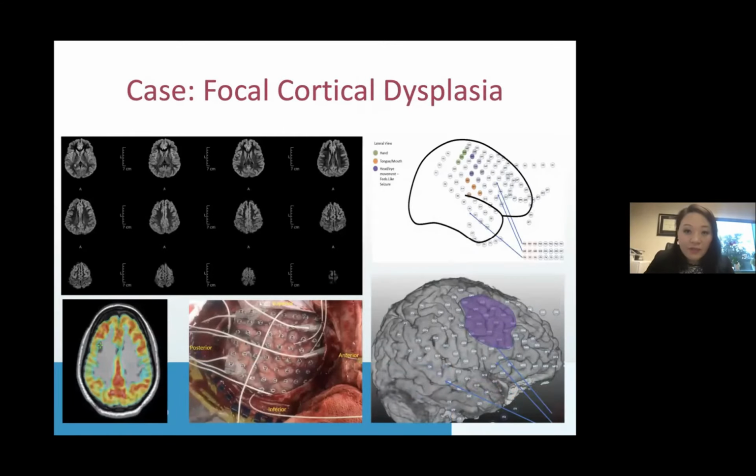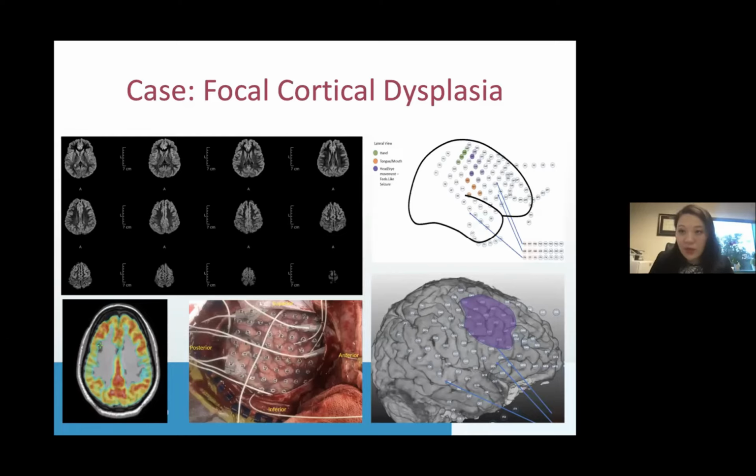This is a patient of mine with focal cortical dysplasia, who also had a very good seizure outcome. She's a 15-year-old girl with a 3-year history of medically refractory seizures characterized by leftward gaze and behavioral arrest. She was found on video EEG to have right frontal ictal onset.